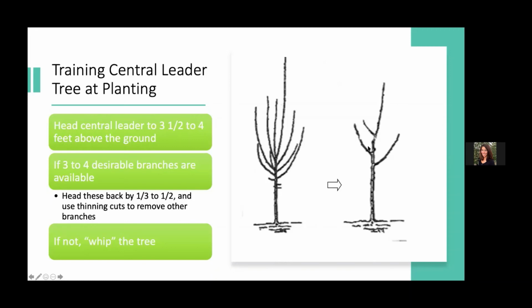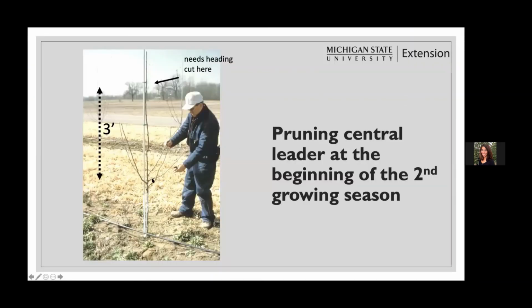The idea is that these branches will grow in that season, but you're also going to be facilitating the growth of the next whorl of branches for the tree. You can see this grower is doing just that. He selected the first level of those scaffold limbs, and then he's going to cut up top here to facilitate the growth of that next level of branching.